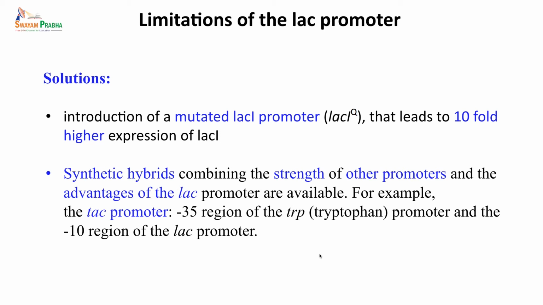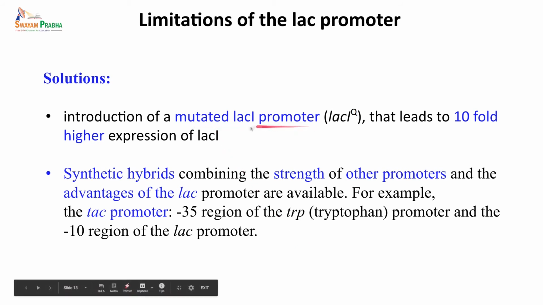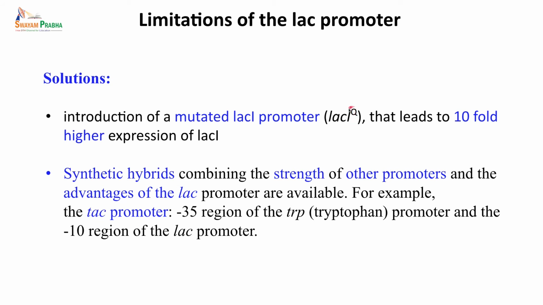There are many different ways in which scientists have addressed these problems. One is to mutate the promoter of the lac-I gene. This is shown as lac-I superscript Q, and maybe later on you will get a chance to work in a lab, and if your boss gives you a vector map and says, okay, we are going to use this vector, then you know how to read that map.